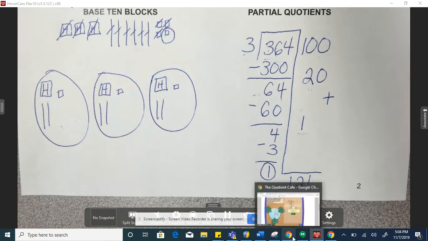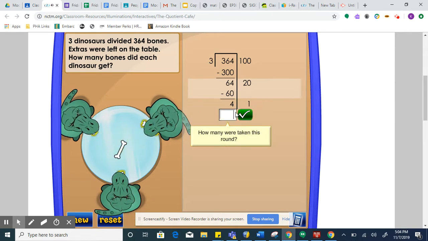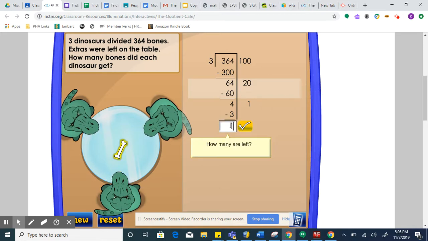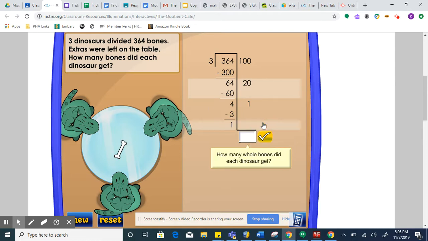Let's check with Quotient Cafe. We said that each dinosaur is going to eat 1 bone. So that means total, all 3 dinosaurs just ate 3 bones. Oh, it looks like there's 1 bone left over. We can't distribute this 1 bone evenly, so that means they're going to get no bones now.